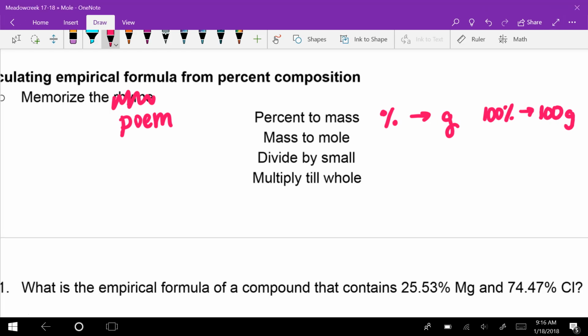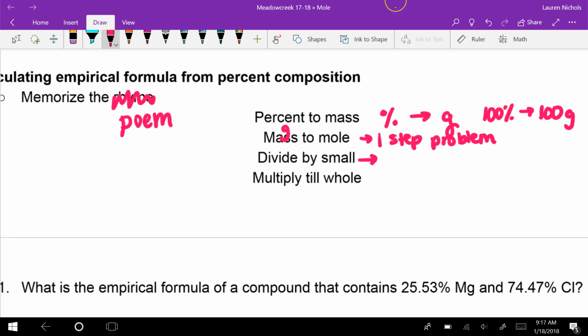Mass to mole, we know mass is again referring to grams. And to mole, that means we need to do a one-step problem. You need to convert all of your grams of each element into moles, and that's going to require the molar mass, which since it's elements, it's just using your periodic table.